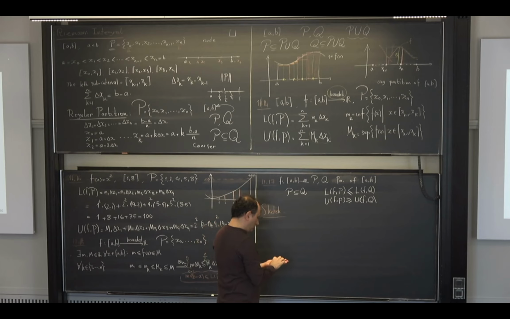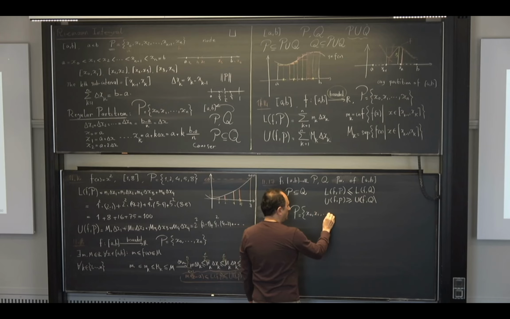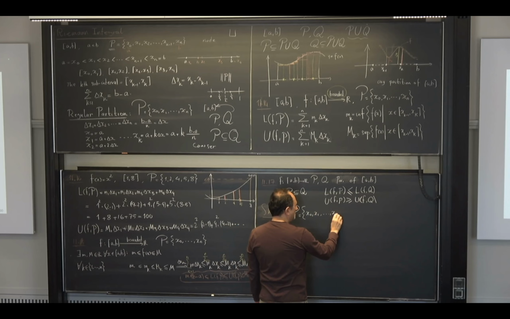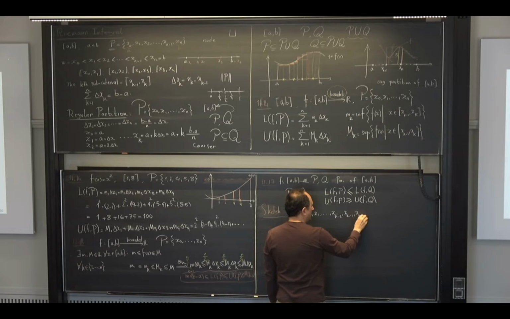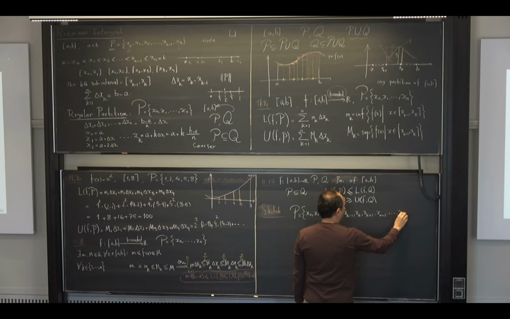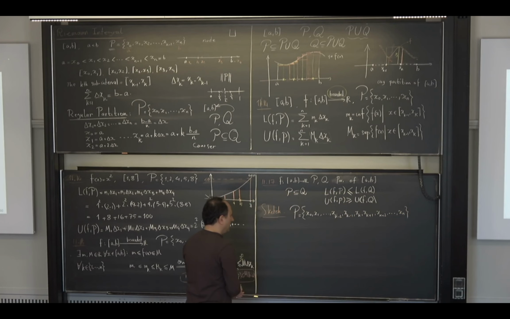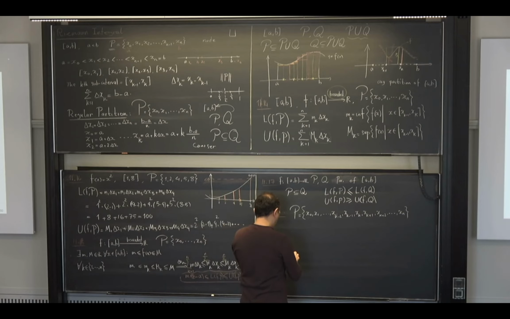Okay, so let us try to understand that. Let us say that P is this one: x0, x1, up to xk minus 2, xk minus 1, xk, xk plus 1, and then xk plus 2, up to xn finally. I intentionally write these things so that you understand. You know that x0 is A, you know xn is B. So this is my partition. Now let us assume that Q is the same, but with one extra point within the kth interval.